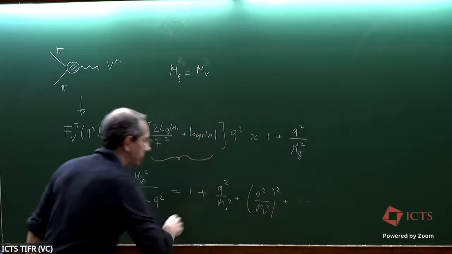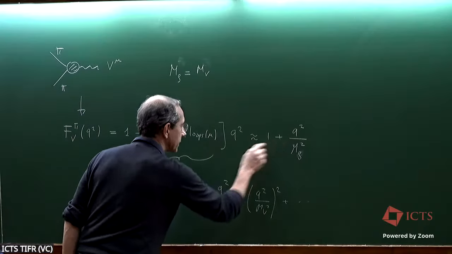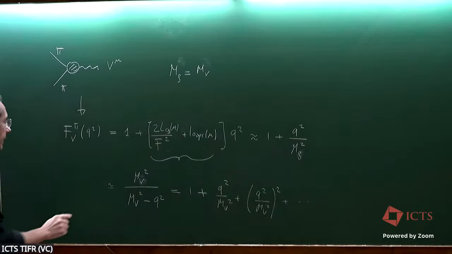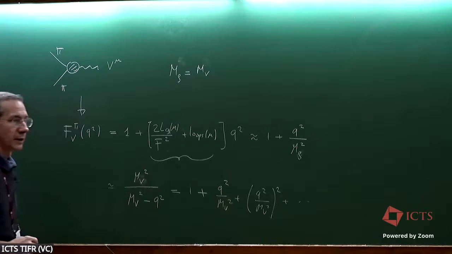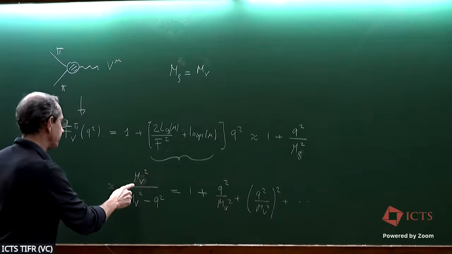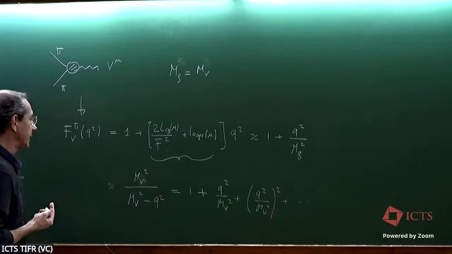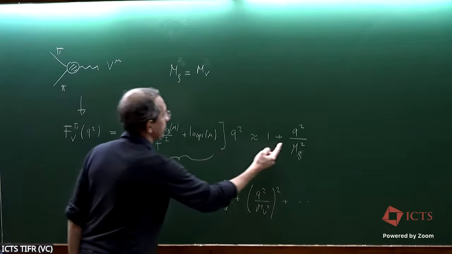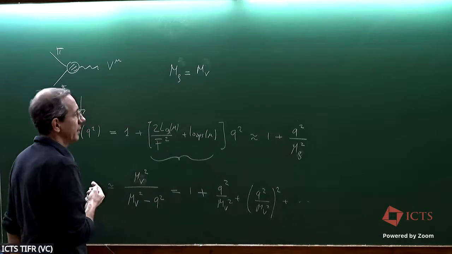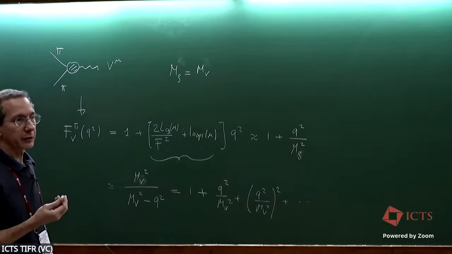This is something that will appear at higher order in the chiral expansion. This is this first term here. Again, this structure is not surprising. Certainly, with respect to this form here, we say that it has a bad behavior at high Q square.